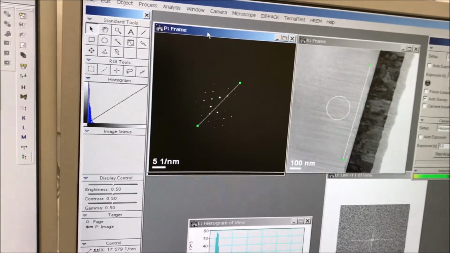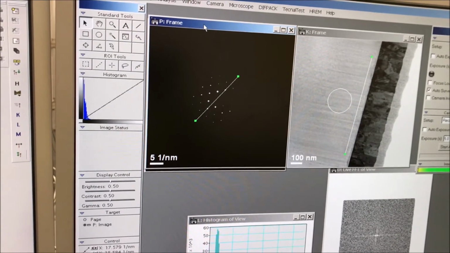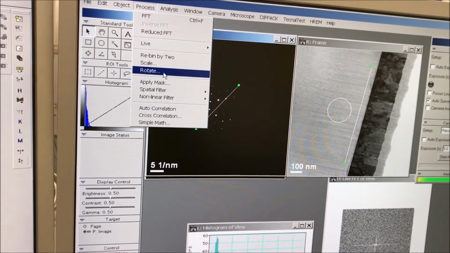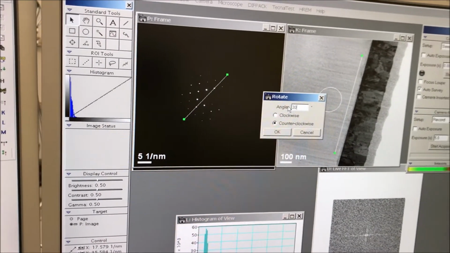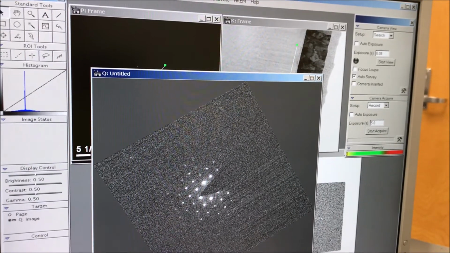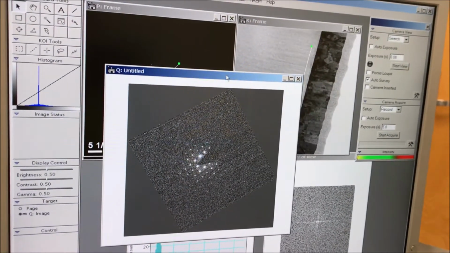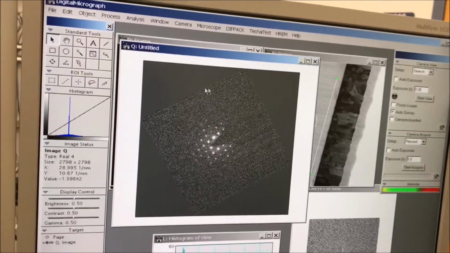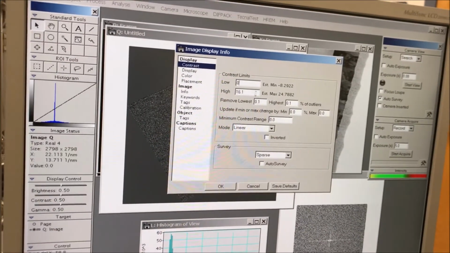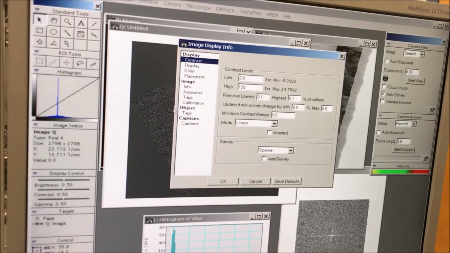So I come back to the diffraction pattern and I do the same thing I did for the higher camera length. Again, process, rotate, and now counterclockwise of 30 degrees. I can again do a digital adjustment to make my pattern look a little bit nicer.